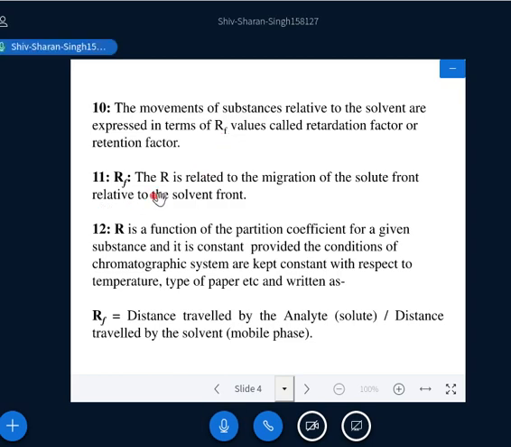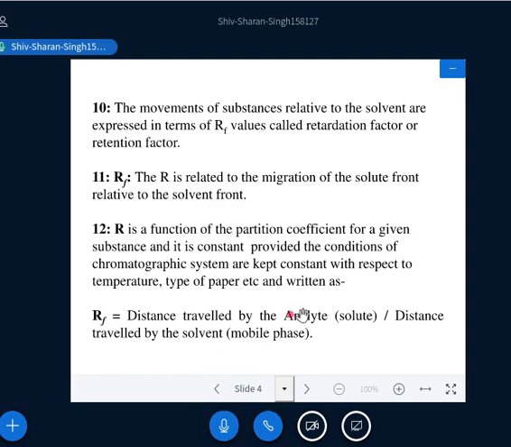The R is related to the migration of the solute front relative to the solvent front. Rf is a function of the partition coefficient for a given substance, and it is constant provided the conditions of the chromatographic system are kept constant with respect to temperature, type of paper, etc.